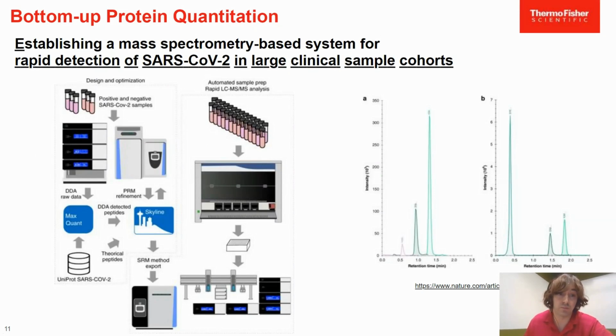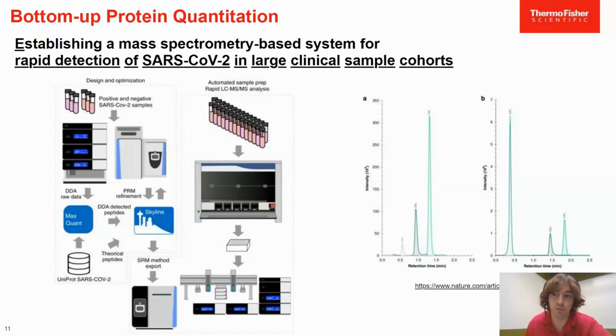There were some publications already when we started this work on detection of SARS-CoV-2 by LCMS. One of these publications was by one of our collaborators, the Fleury Lab in Brazil, published in Nature, where they showed a complete workflow for the detection of SARS-CoV-2 from clinical sample cohorts.